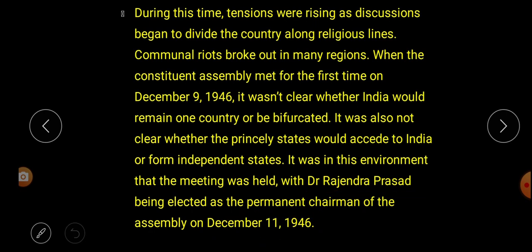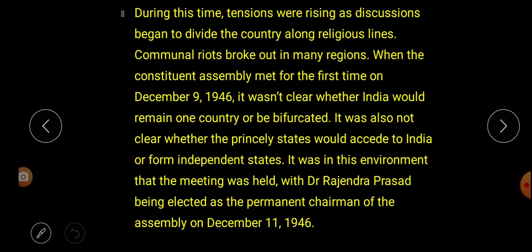So in this paragraph it is said that during this time there was much tension, and discussion was going on about dividing the country based on religion. Because of that, there were communal riots and fighting in many regions of the country. So when the Constituent Assembly was established for the first time on December 9, 1946, it was not clear whether India would remain a single country or be divided into two separate countries.